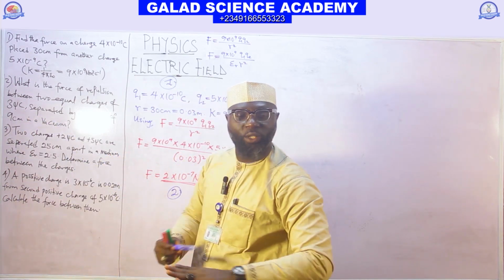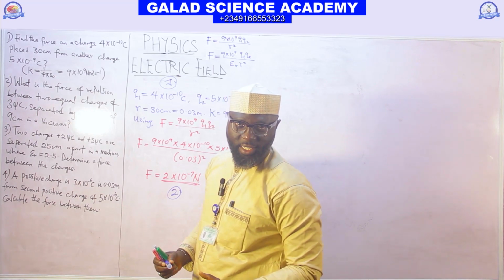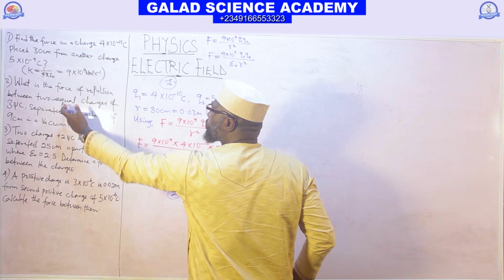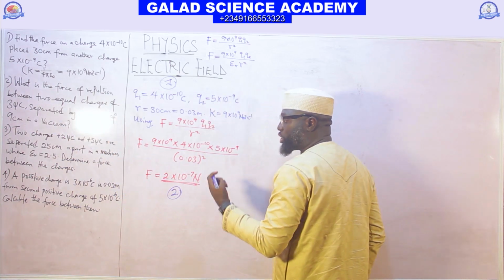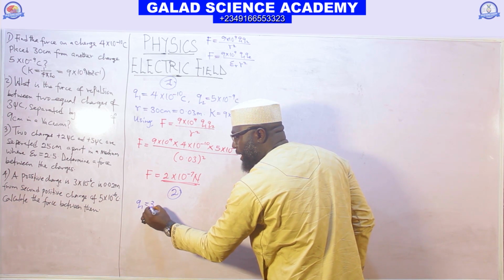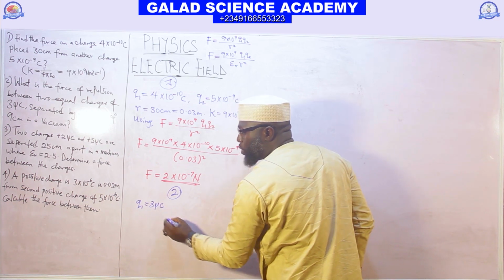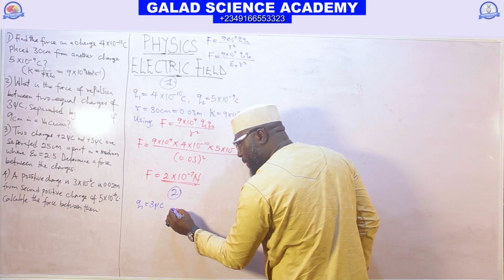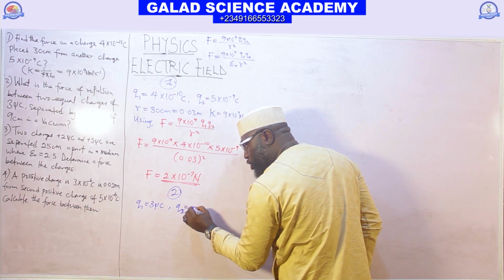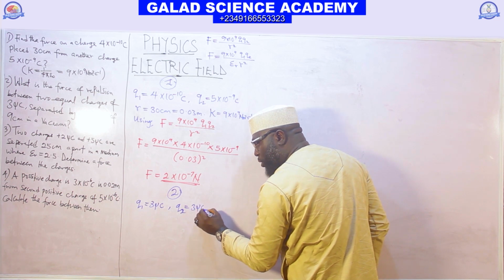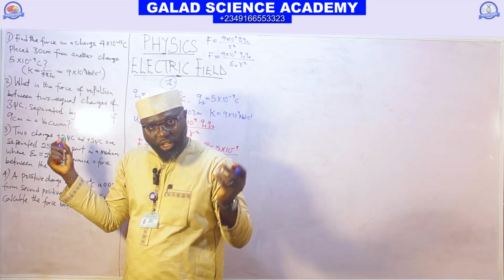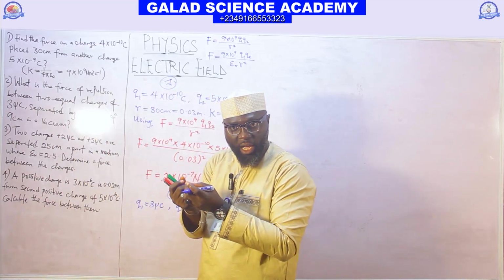Vacuum simply means free space. So they said 2 equal charges, that is our Q1 here is 3 microcoulomb, and the second charge Q2 is also 3 microcoulomb. They said repulsion. Charges of the same kind will repel each other.